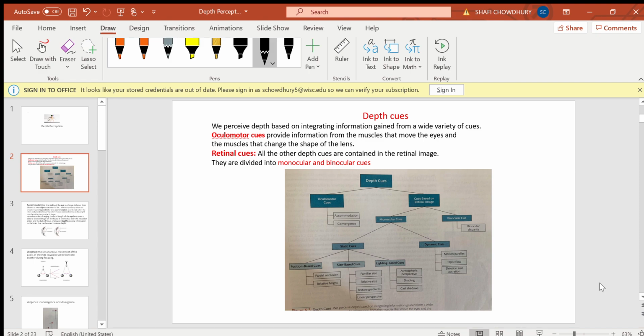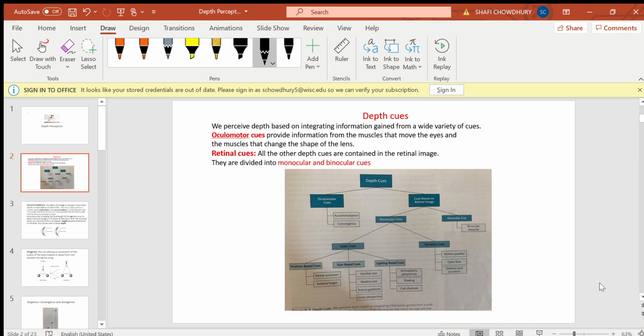Your brain receives those signals from the muscles of the eye, and those are used to determine or detect the distance or depth of the object. Another type of cues are retinal cues or retinal image, the picture that falls on the retina of the eye. Retinal cues are more powerful than the oculomotor cues.